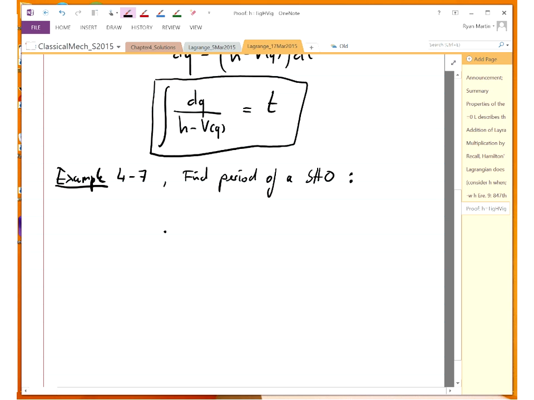So for a simple harmonic oscillator, we've seen this before, the Lagrangian is the kinetic energy. So a simple harmonic oscillator has 1 degree of freedom, right? So let's say it's just moving along the x direction. So we have kinetic energy is a half m x dot squared minus the potential energy for a simple harmonic oscillator, which is kx squared, so half kx squared.